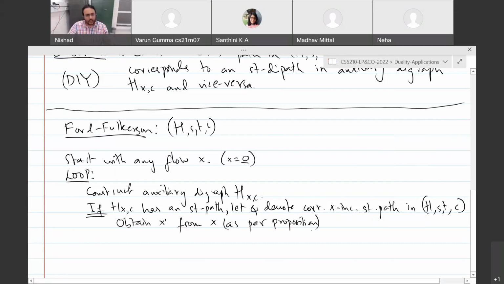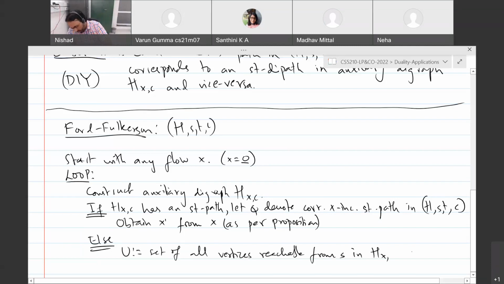And if there is no such path, then let U be the set of all vertices reachable from s in the auxiliary digraph using dipaths.